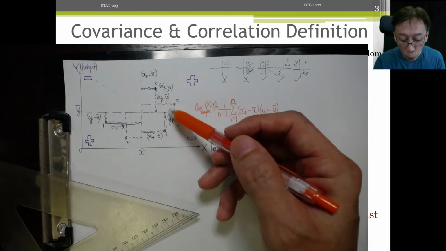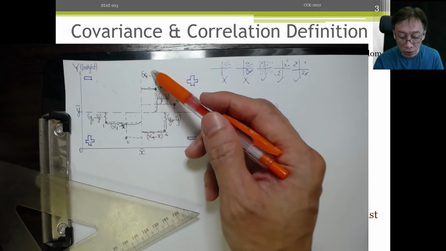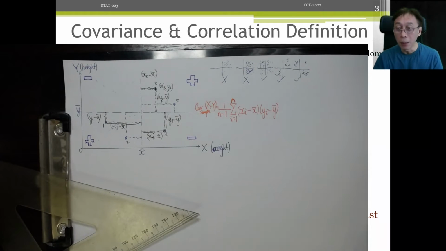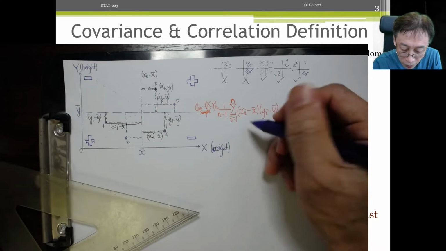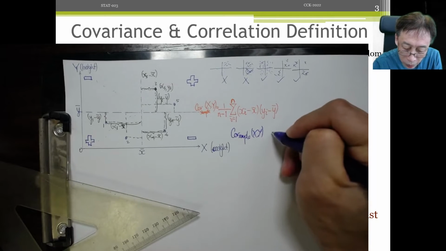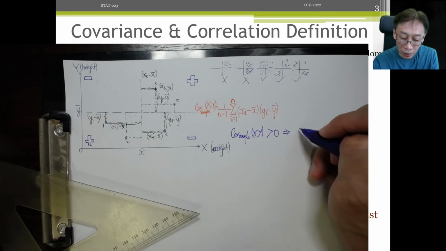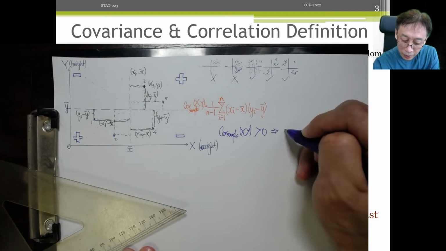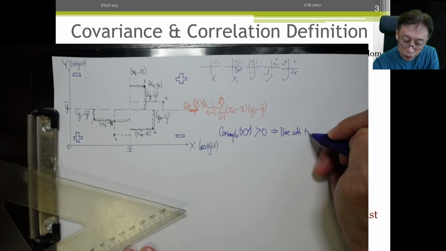And then because of the way the definition is designed, it subtracts off the averages, x bar and y bar. When the sample covariance is positive, we will get a line with positive gradient.